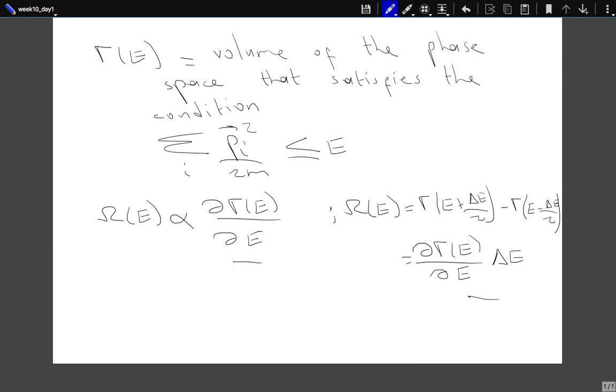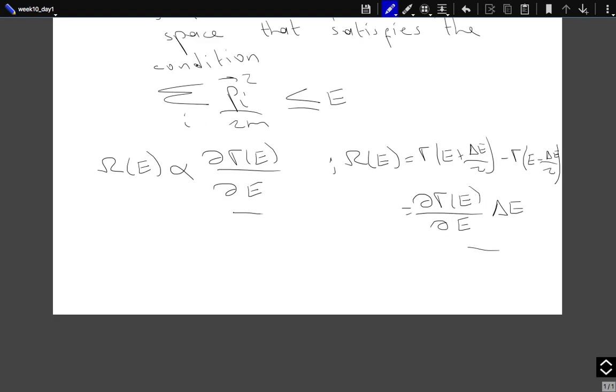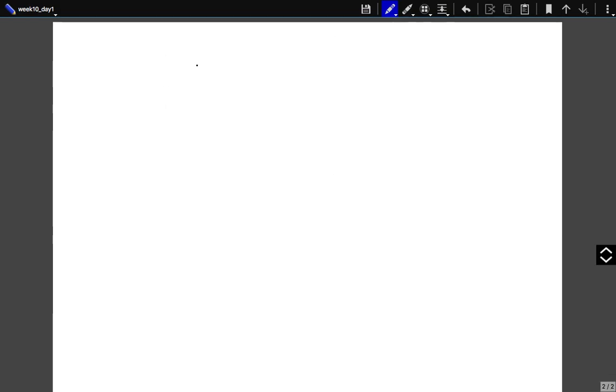And so then the question is, what is gamma E? The volume. Let me put proportional to, not equal to. What is the volume? Now, how do you calculate the volume of an object? Well, the volume is the volume integral. We have 3N momenta and 3N coordinates.